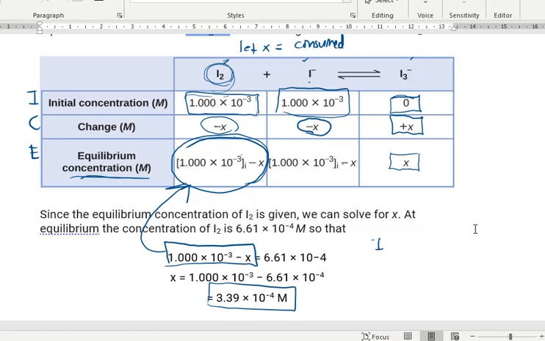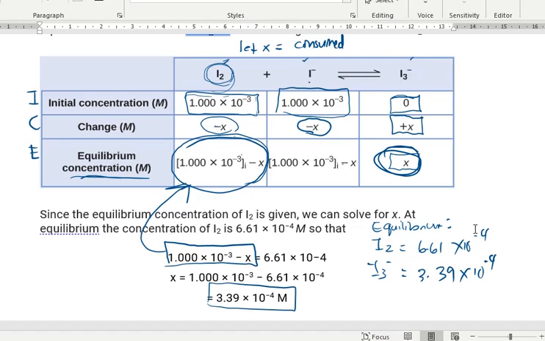So these are the equilibrium concentrations. Okay? The I2 is 6.61 times 10 to the minus 4. Your x is 3.39 times 10 to the minus 4. So meaning your I3 minus is 3.39 times 10 to the minus 4.